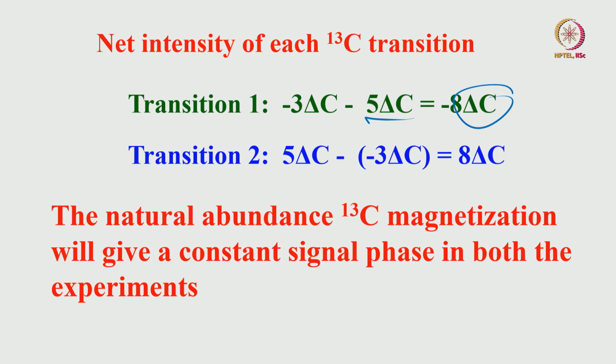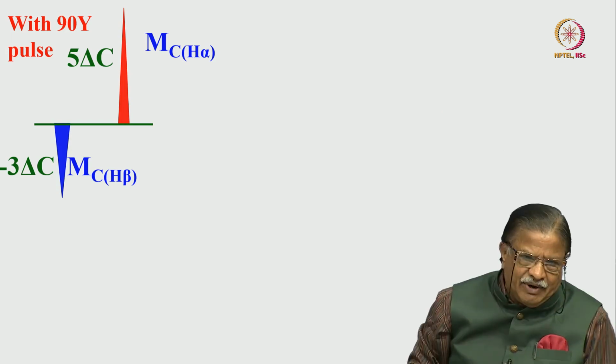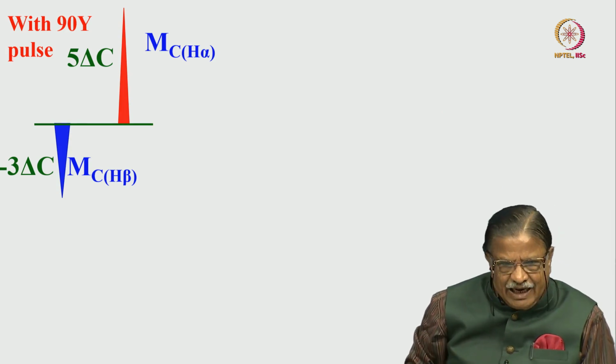The natural abundance carbon 13 will give a constant phase signal in both the experiments. This is a transferred magnetization. Carbon 13 natural abundance is not transferred, it remains the same. For the elimination of the natural abundance carbon 13 signal, you have to change the receiver phase by 180 degree to eliminate it. How do we do that? First, we do one experiment with the 90Y pulse.